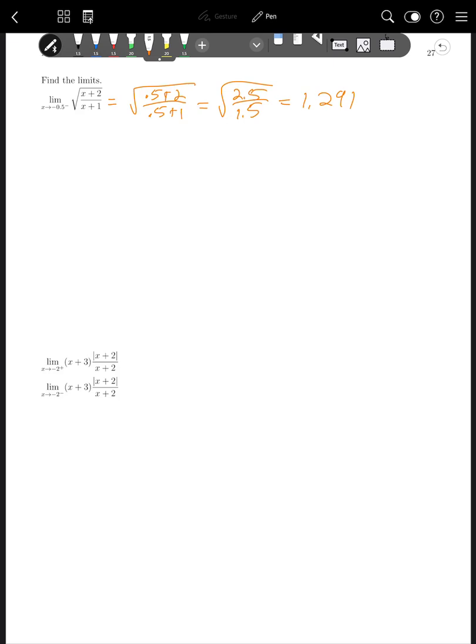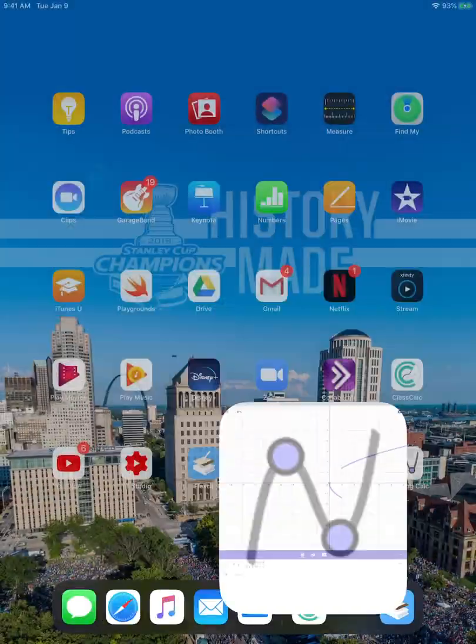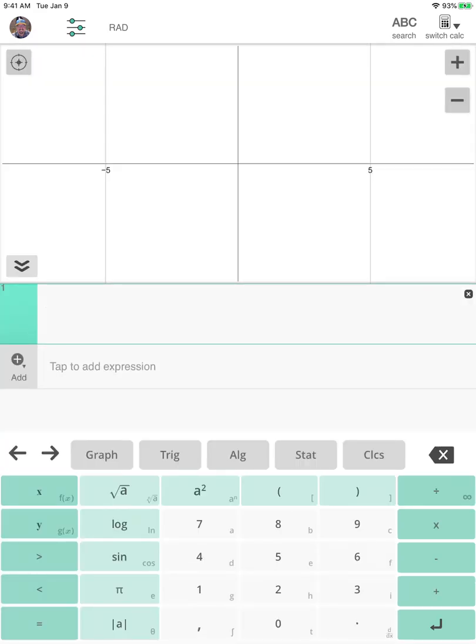However, on this one, there is going to be a jump. And if we graph it, let's try doing it with the class calc one again. So this would be x plus 3 times the absolute value of x plus 2 divided by x plus 2.